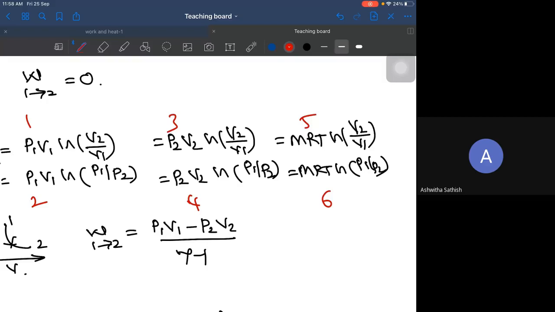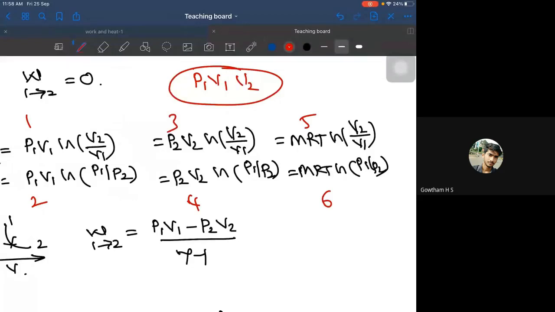P1, V1, and V2 are the values which I know. Which one should I consider? The first one.